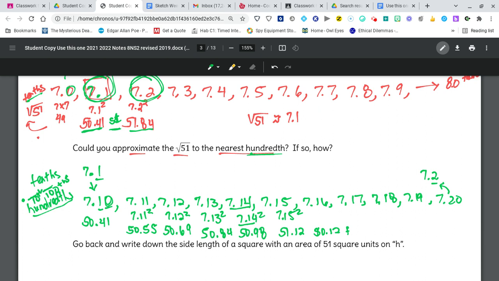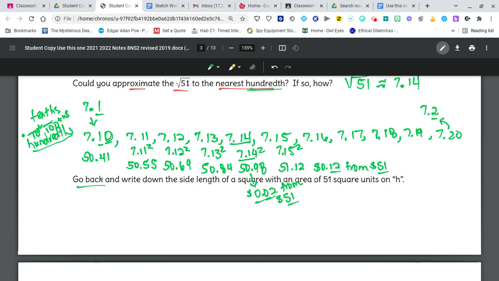That's 12 cents from $51, and this is just 2 cents from 51. So if you think about it like money, you're good to go. 2 cents from 51 is closer than 12 cents from 51. So I already know to the nearest hundredth, the square root of 51 is going to be approximated to 7.14.